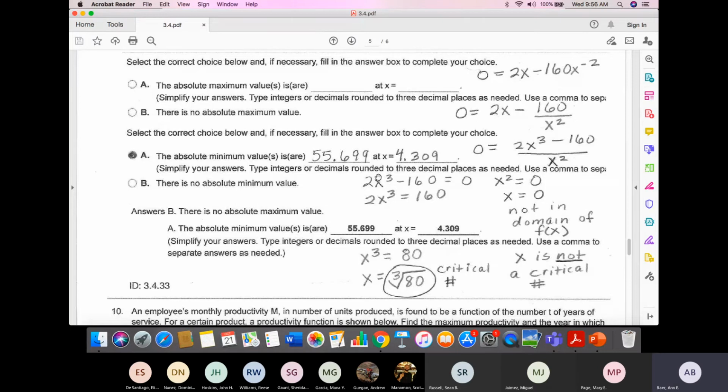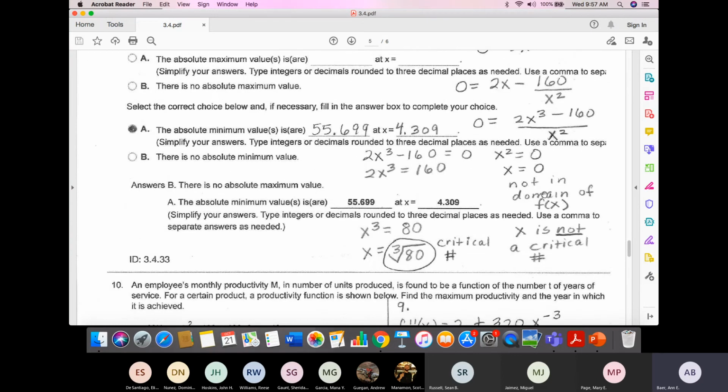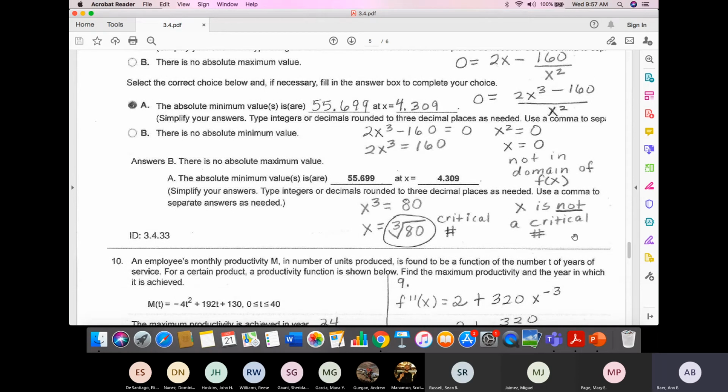Now you notice that if I plugged x equals 0 in here, I'd get division by 0. Besides, it's not even in the domain in this interval. It's not in the domain of f of x, so we don't even have to consider it. It's not even a critical number in the context of this problem.